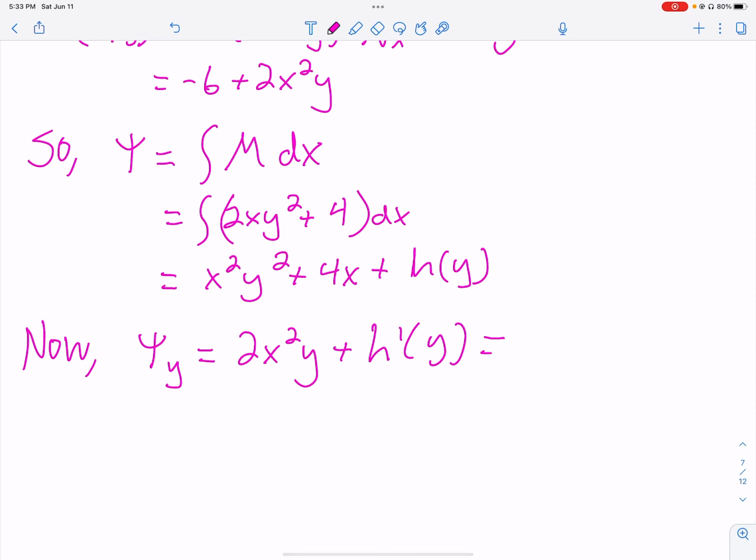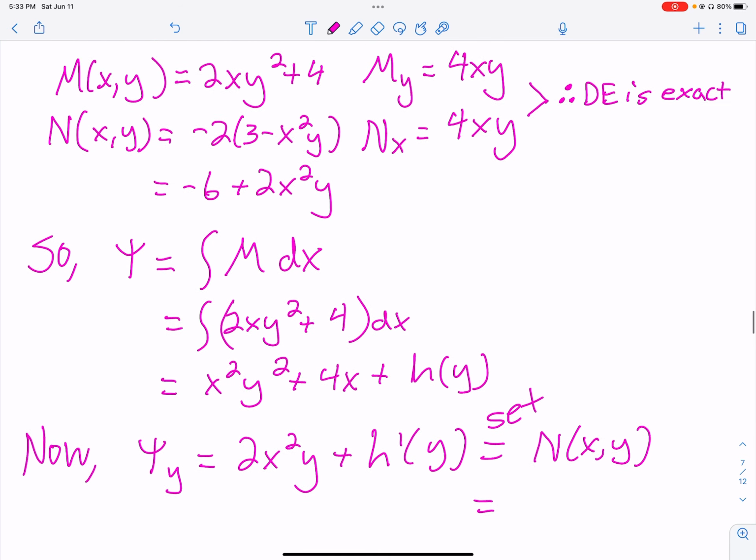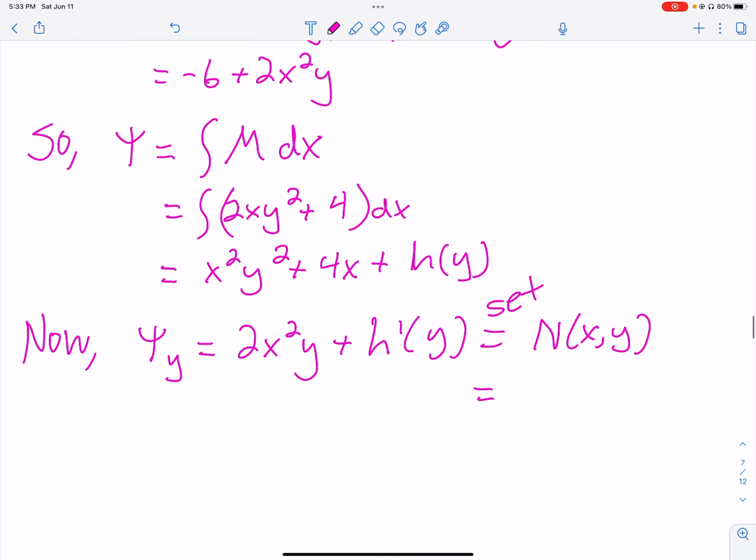But remember, we know this is equal to N, right? Because N was also gamma sub y. So looking back up there, N is negative 6 plus 2x squared y. Notice the 2x squared y's are on both sides, so those can go away. So I got h prime of y equals negative 6.